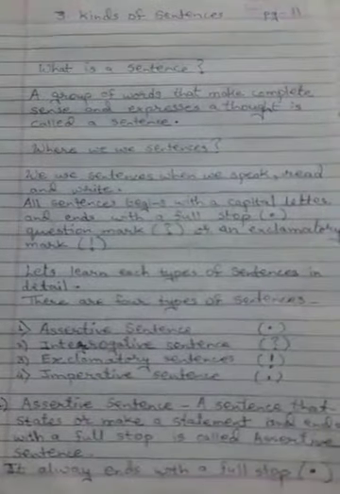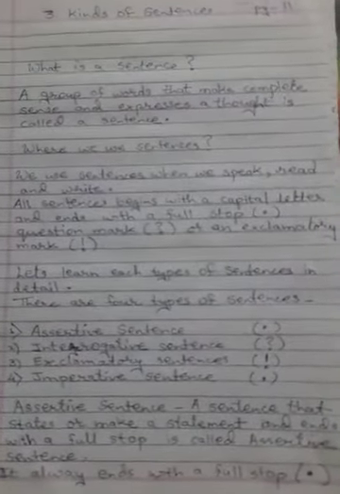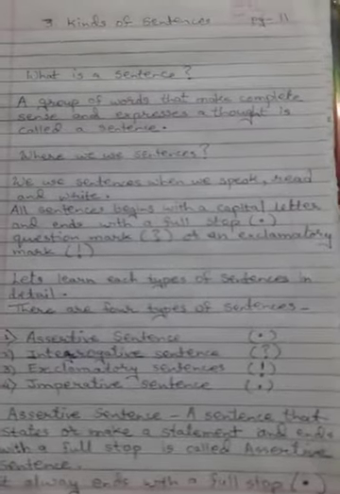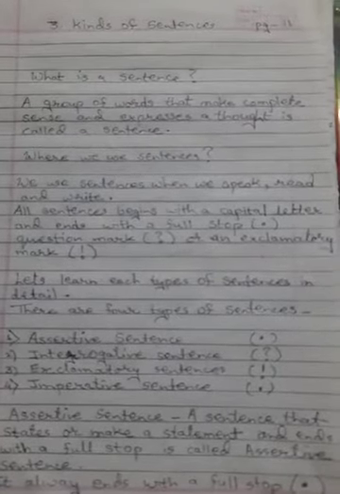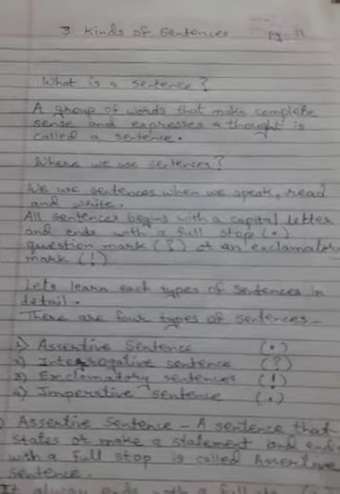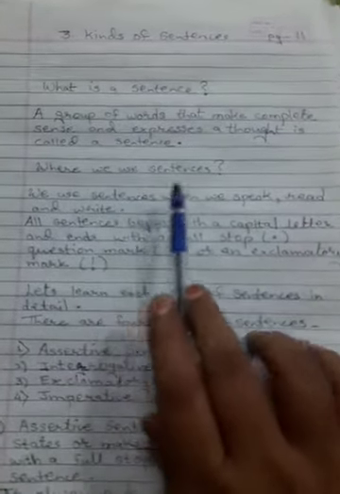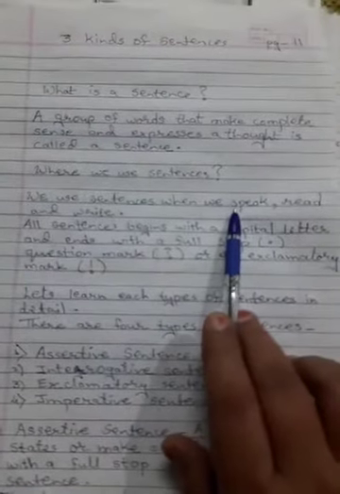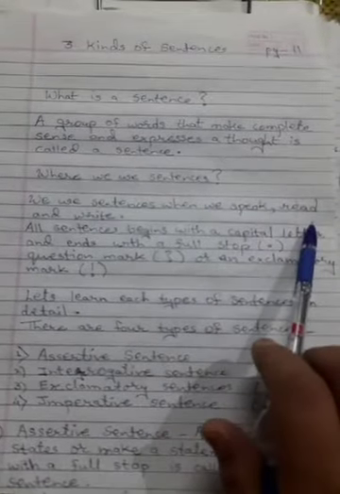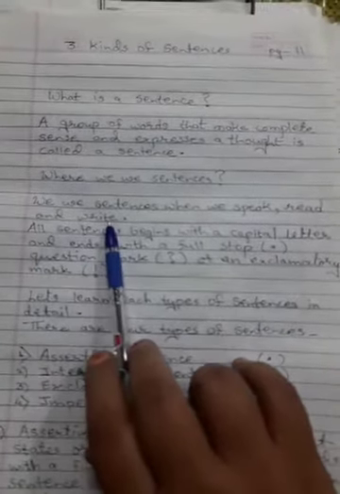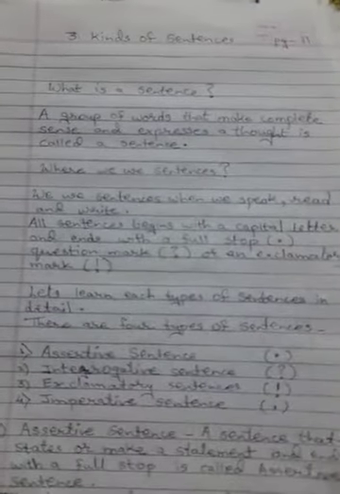Now the next question arises in our mind. Sentence we know, but where we use the sentence, that is a question. So what answer can we give for that? We use sentences when we speak, read and write. Yes, that is where the sentence is used.